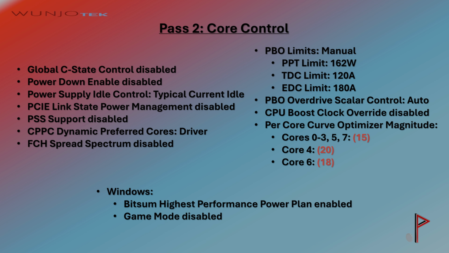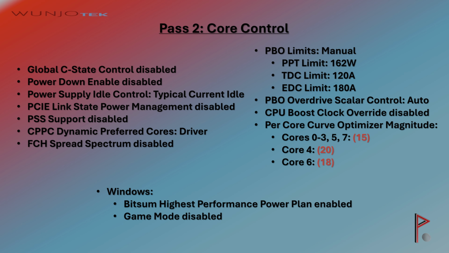Now, on dual CCD CPUs like the 9950X3D, game mode disables CCD1, the non-X3D CCD, and forces games to run on Core 0, where they should run. But this is a single CCD processor, so that's irrelevant to me.